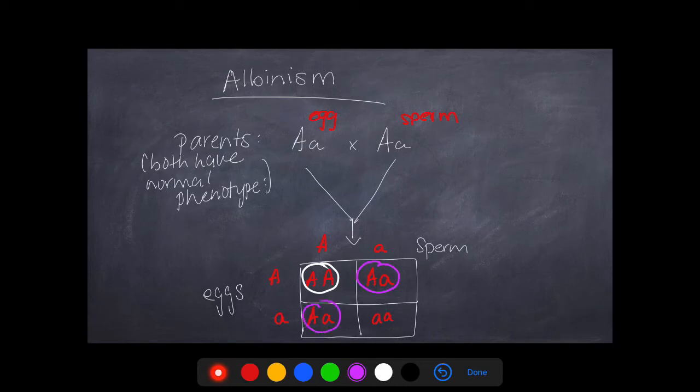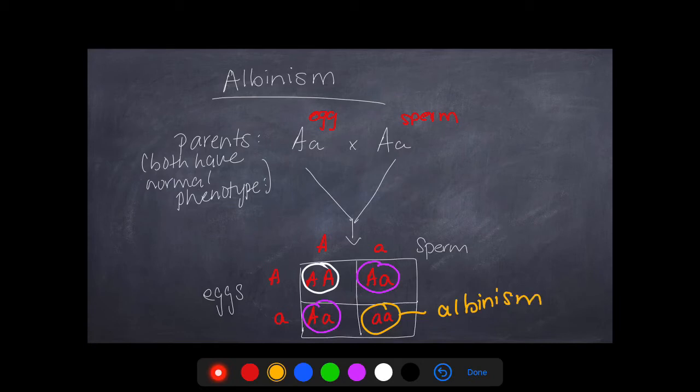But for big A, little a, which is 50% of the 4 offspring, you can tell that they are going to be a carrier for this disorder because they have that little a. Even though that little a is not showing, they're still carrying it. And then you have finally little a, little a, which means that this offspring would in fact show albinism.